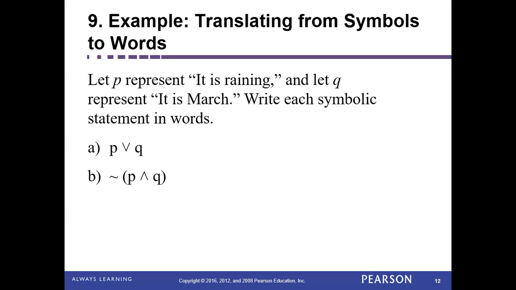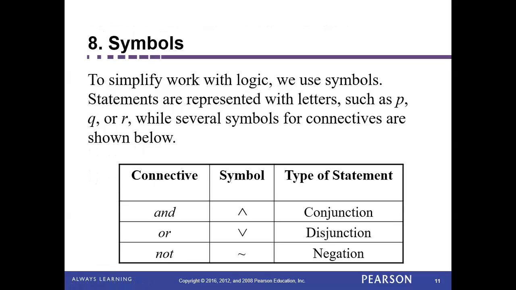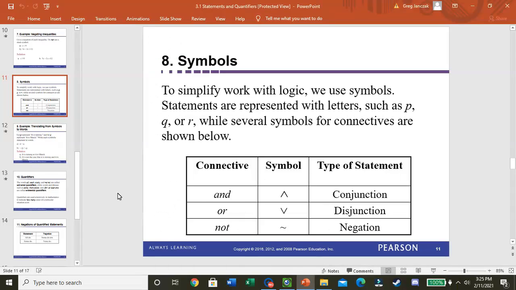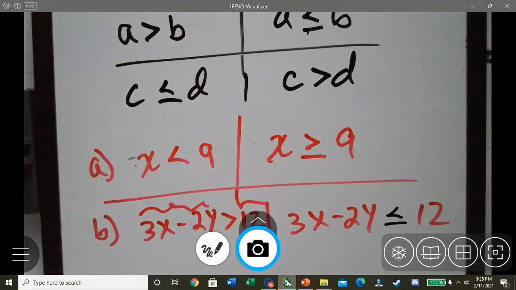Write each symbolic statement in words. We're going to use P or Q and then not P and Q in parentheses. Let's take a look at the board and see how we're going to do that.